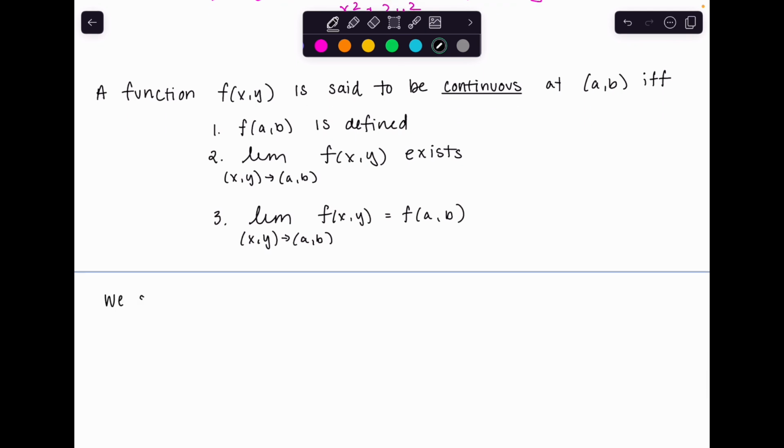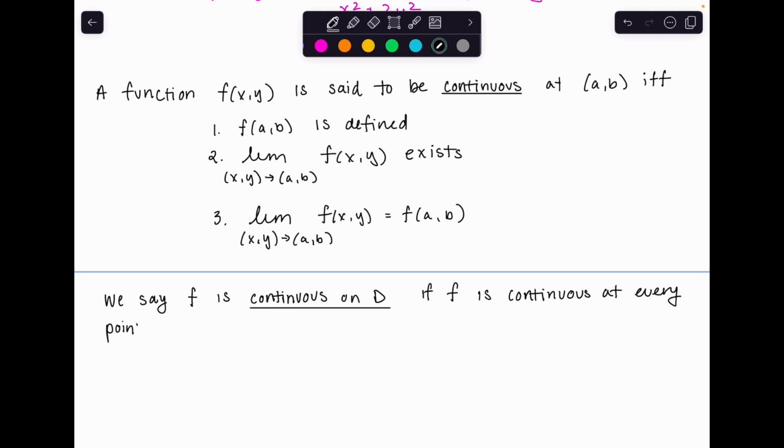So ultimately, we say f is continuous on its domain D if f is continuous at every point in D. Okay.